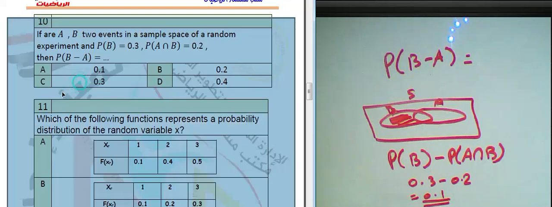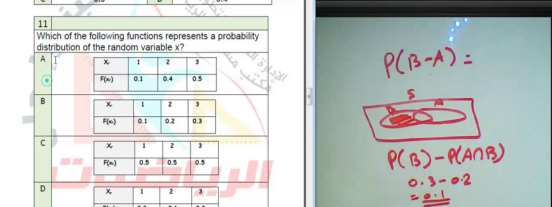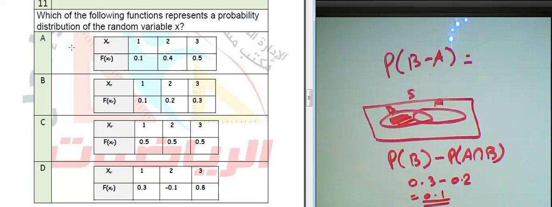Okay, question 11. Which of the following functions represents the probability distribution of random variable x? We must know f of 1 plus f of 2 plus f of 3 equals 1. Put here, the result will be 1 over 5 plus 4 over 15 plus 15 over 15 equals 1. So the result will be letter A. Why?